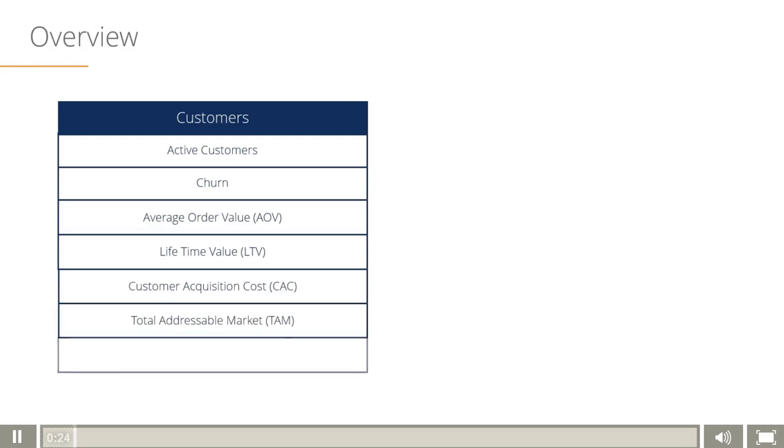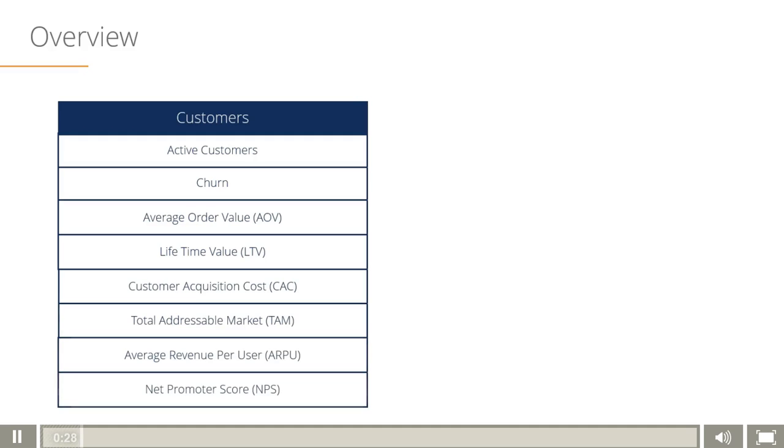We're going to run through quite a few of these in detail, but at a high level, things like customers, customer churn rate, the average order value per checkout, the lifetime value or customer lifetime value as it's also called, the cost to acquire a customer, the total addressable market that you are trying to serve as a business, the average revenue per user, and net promoter score are all very important customer metrics to understand and will all be incorporated in our model in one way or another.